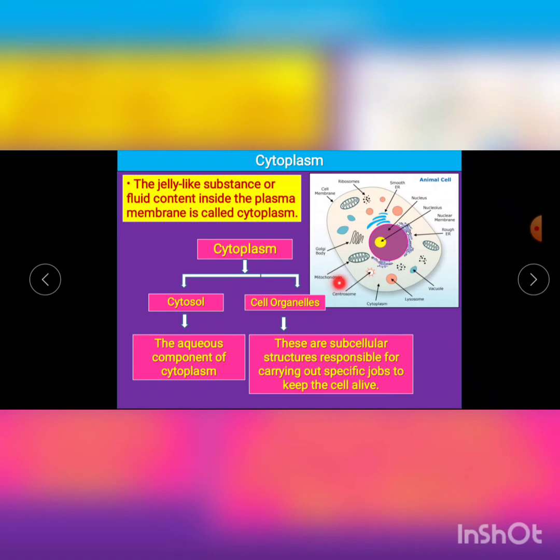So this mitochondrion, centrosome, then lysosome, vacuole, rough ER or endoplasmic reticulum, then nucleus, smooth ER, ribosome, Golgi bodies, all these are cell organelles and they are embedded in the cytosol. Together these two make up the cytoplasm.